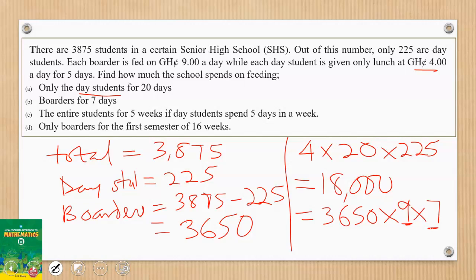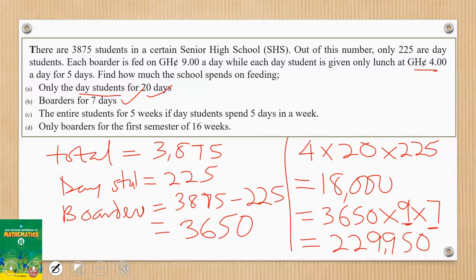So we multiply these three numbers, and then when we put them together, it will be 229,950. So that answers the first question and then the second question.